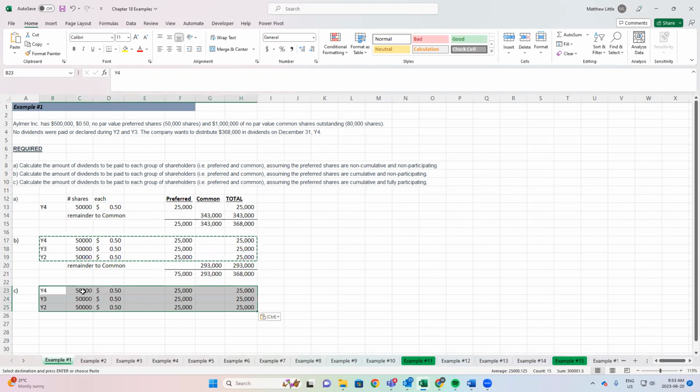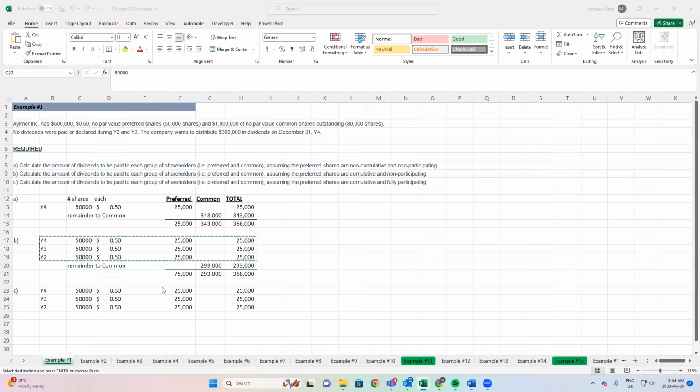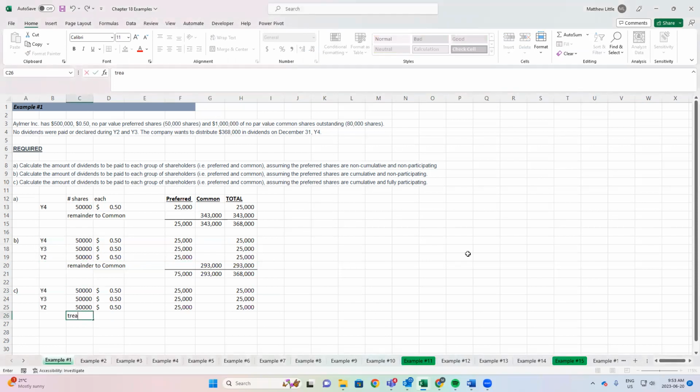So let's copy that down. We'll pay for year 4, 3, and 2, the years that were not paid for yet. And then we need to look at treating the common the same as preferred. So we need to make it fair, treat common the same as preferred.